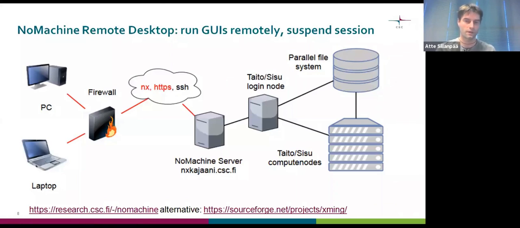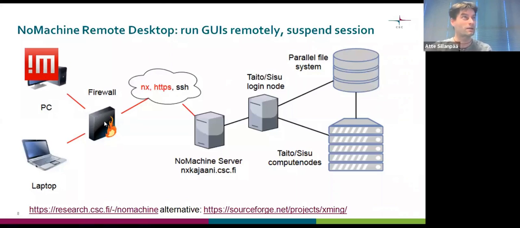The data center is in Kajaani, and it's a little bit far. So there is a solution called NoMachine Remote Desktop, and the way to use that is to install the NoMachine client, and in this case, please install only the client, not the remote desktop server. It also comes with the server, and you don't want to run the server on your own machine. And in this case, you have to pass the firewall.